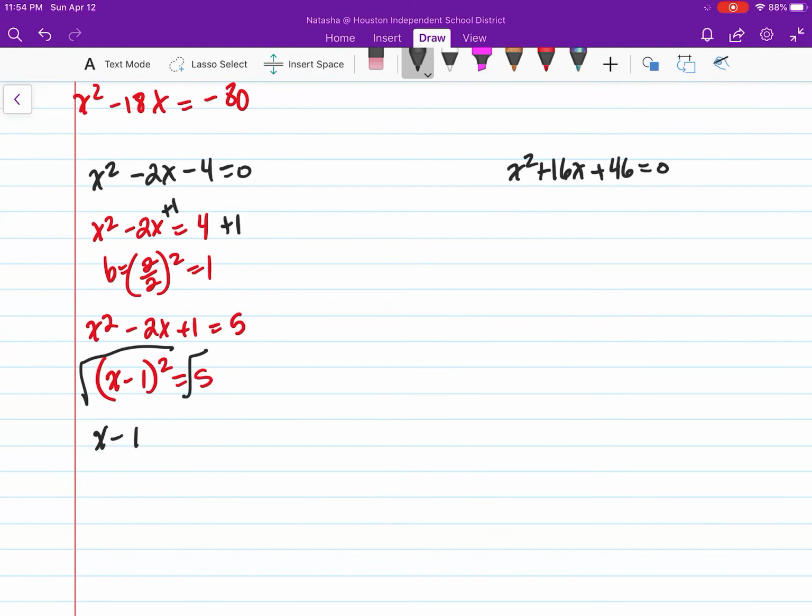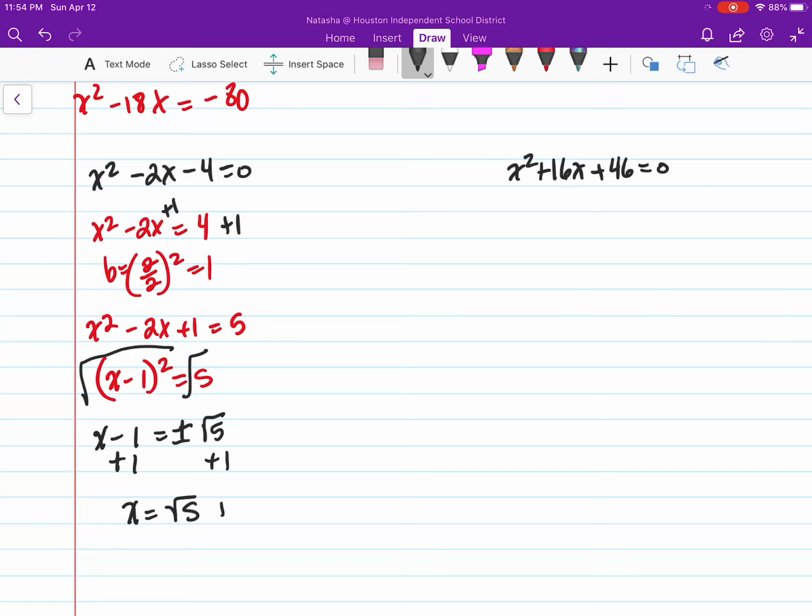Well, just like before, I'm going to take the square root of both sides. Now, this becomes x minus 1 is equal to, now 5 is not a perfect square. It's an irrational answer. So this is going to become plus or minus the square root of 5. So I'm just going to add 1 to both sides. Now, these are not like terms.